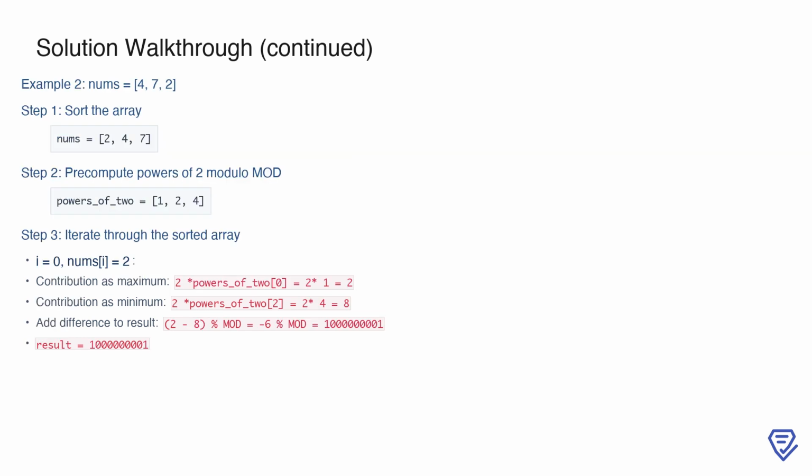In the second example, nums is 4, 7, 2. We start by sorting the array, which gives 2, 4, 7. Sorting ensures we can systematically process contributions for all subsequences. Next, we precompute the powers of 2 modulo 10^9 plus 7, resulting in 1, 2, 4, just as before.